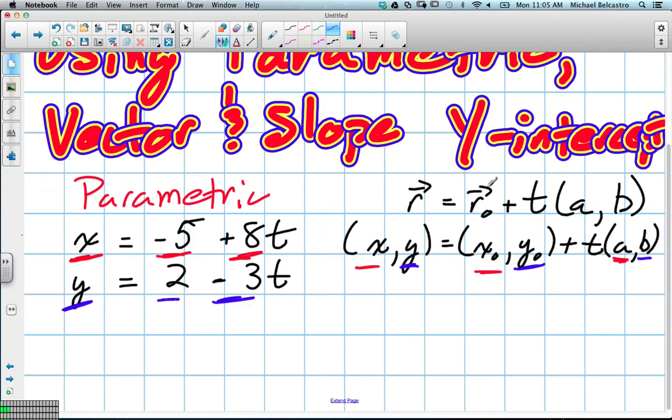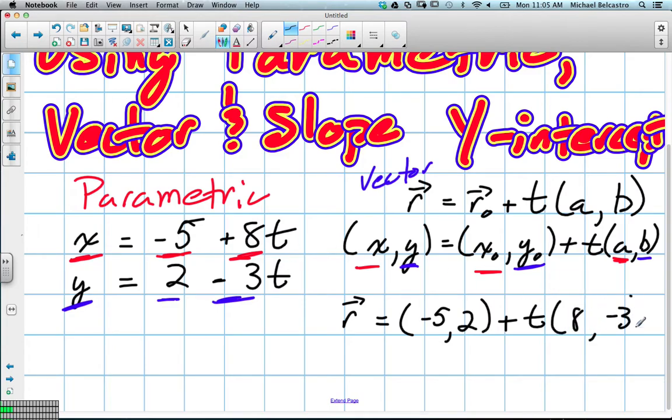So to put it back into vector form, we replace x and y with vector r, is equal to the coordinate -5, 2 plus the parameter t and directional vector of 8, -3. Okay, so we've put that into a vector form.